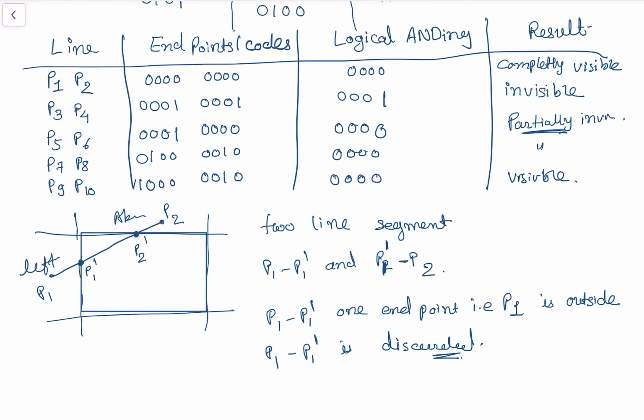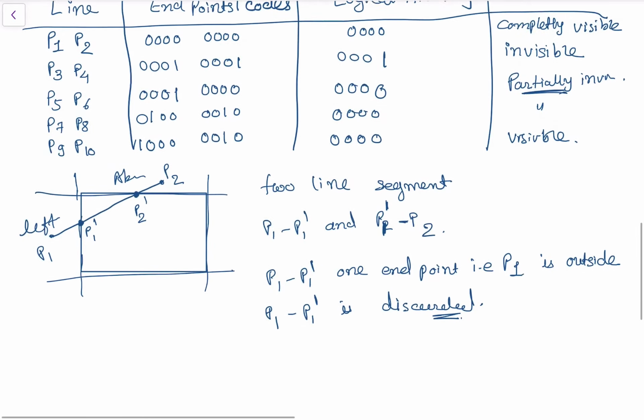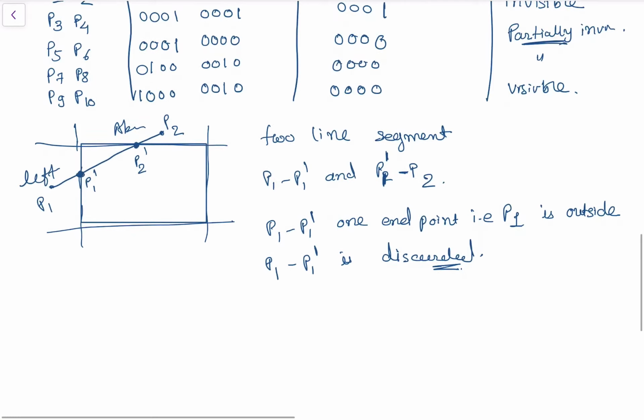Clear? Now reduce the section from P1 dash to P2. Since P2 is outside the clip window, it is checked against the boundaries and the intersection point P2 dash is found.